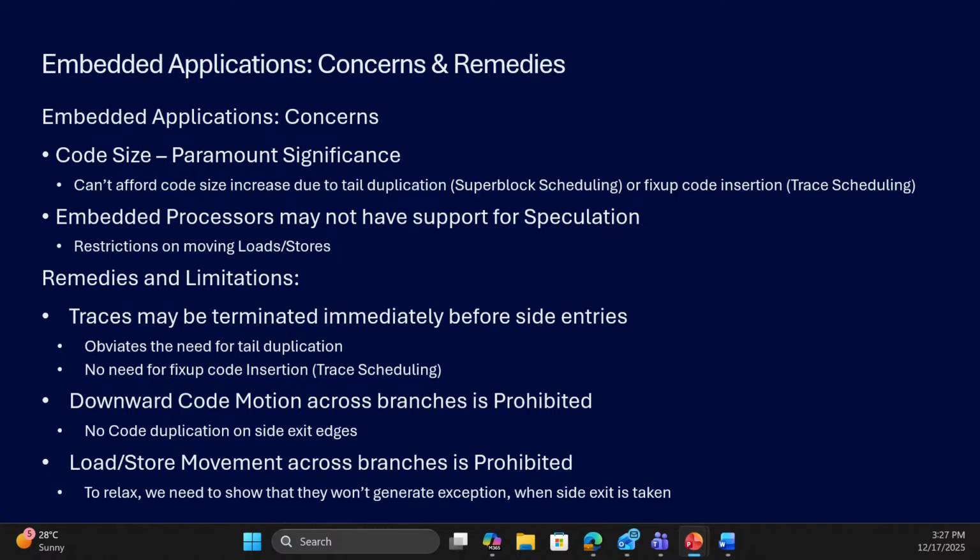So if you want to relax this restriction, we have to show that they won't generate an exception when the side exit is taken. Obviously, if the condition is if x not equal to null, then moving this here won't be a valid code motion.